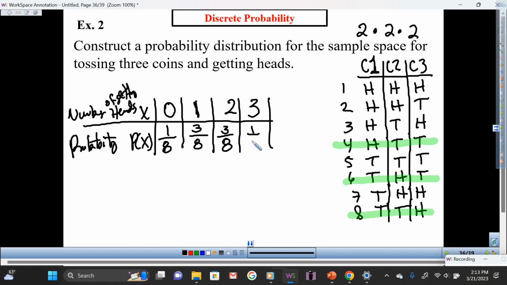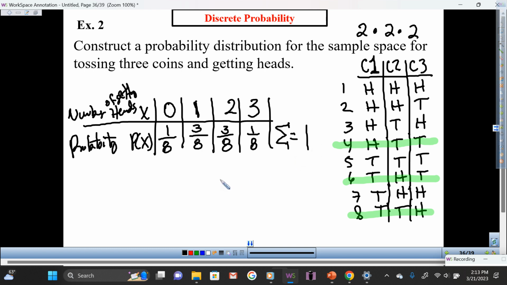Have you got that? That is correct. And let's check to see if it's a discrete distribution. Is that equal to 1? That is correct. All right.